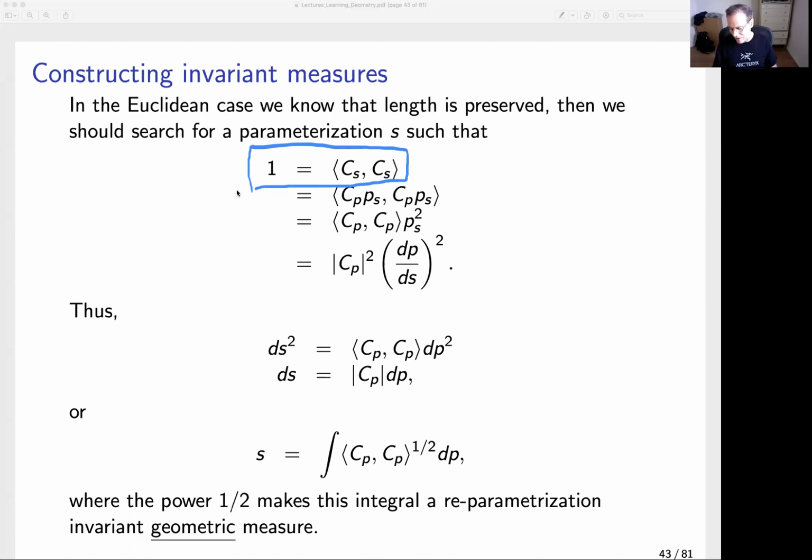So now I'm using the chain rule in order to write S as a function of any general parameterization. And what I'm getting at the end of the day is the following equation, which is no surprise. And what I can basically get at the end is that ds equals nothing but velocity times time.